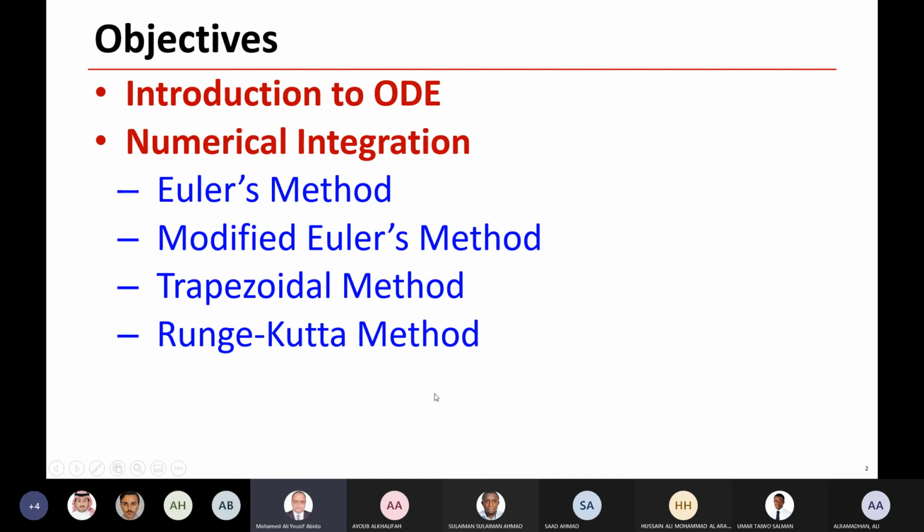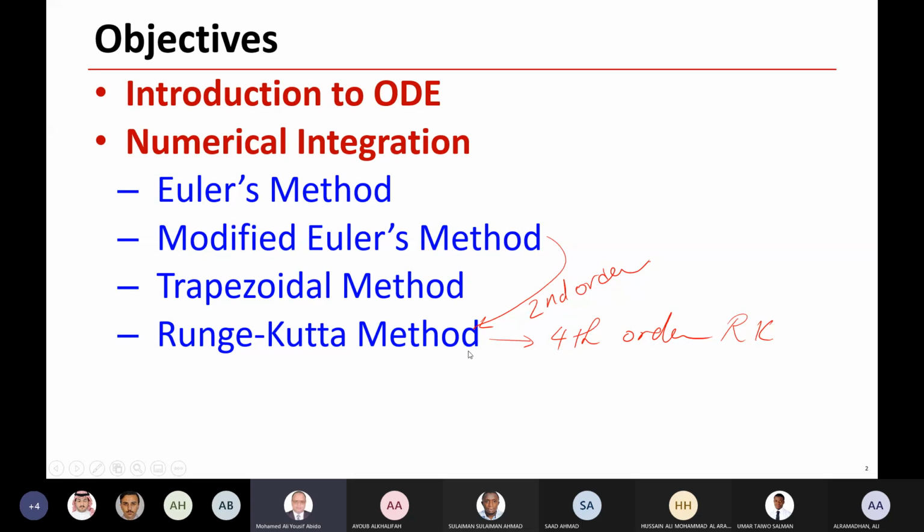We have second order, which is a modified one, and also we have fourth order Runge-Kutta method.